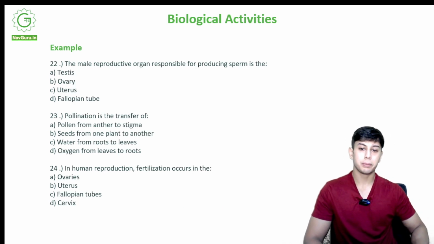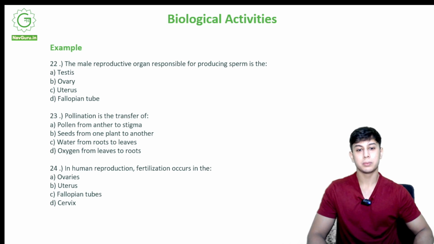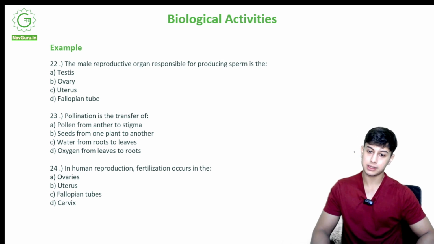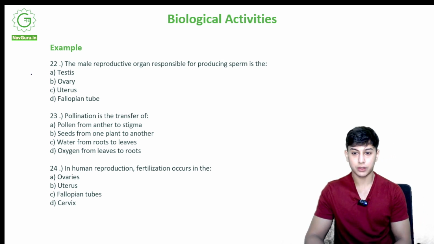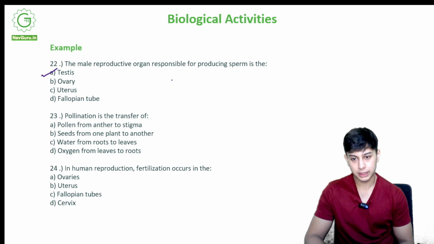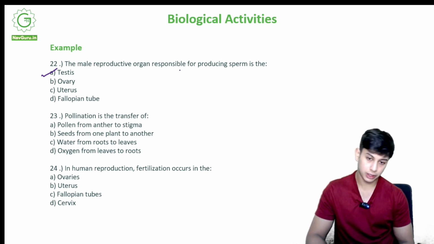The male reproductive organ responsible for producing sperm is the testis, ovary, uterus, fallopian tube. So I think if you have studied the lecture, you will all know it is the testes. Alright, these produce sperm. They are located outside the body. Why are they located outside the body?